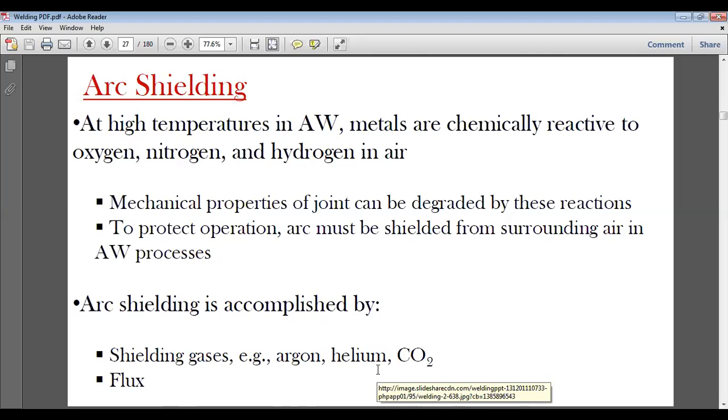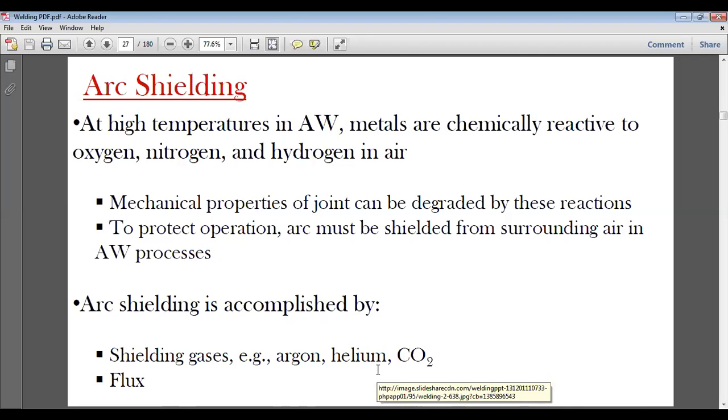So we have earlier discussed when the metal is molten, it is highly exposed to the oxygen of the environment. So immediately it combines with the oxygen and makes metal dioxide. So here we have to protect the molten metal from the environment. So we protect the whole welding pool from the environment in two ways.